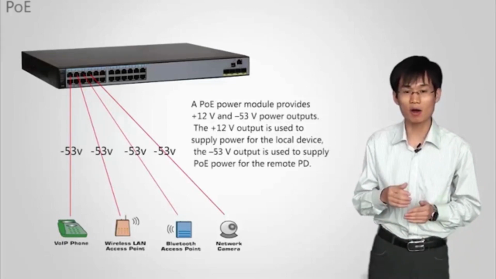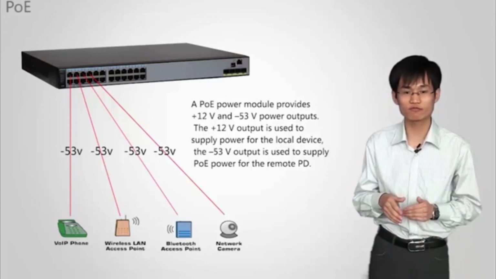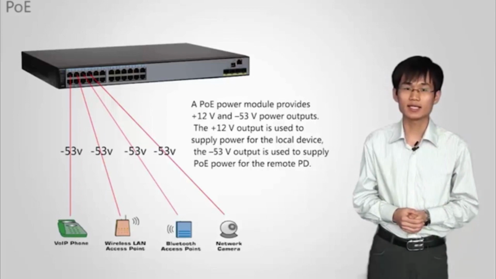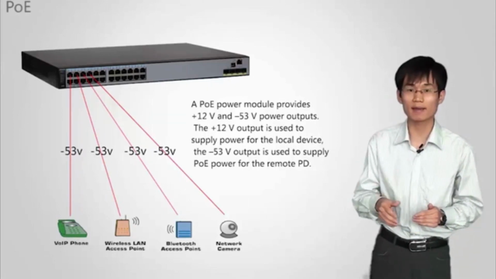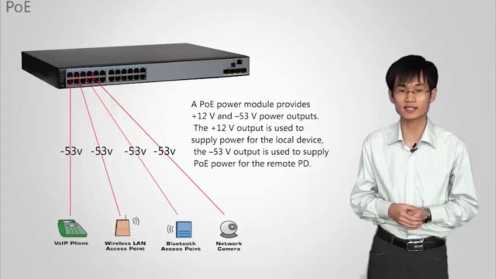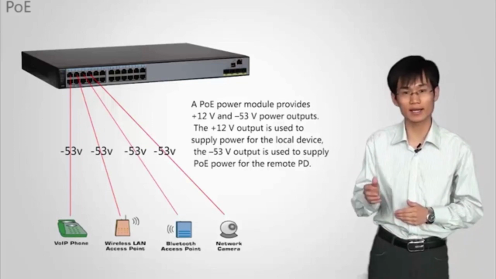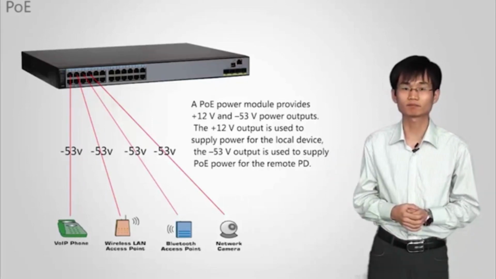A PoE power module provides 12 watts and -53 watts power outputs. The 12 watts output is used to supply power for the local device. The -53 watts output is used to supply PoE power for the remote PD.